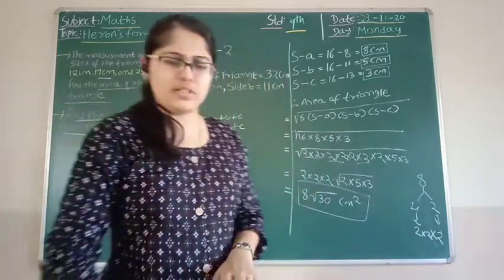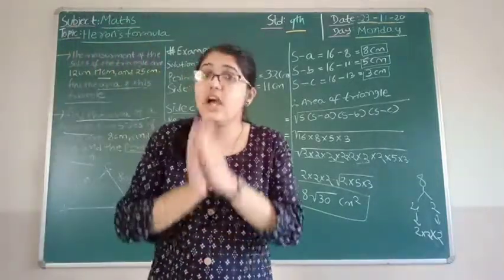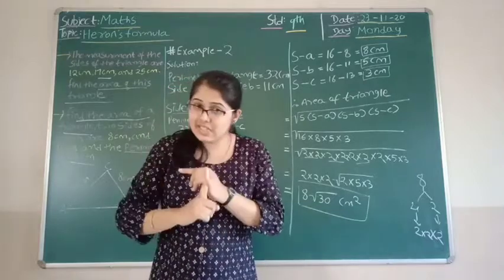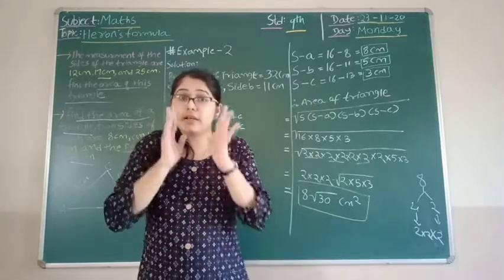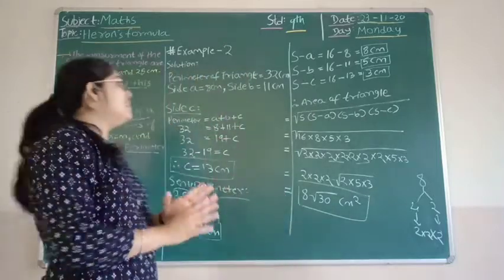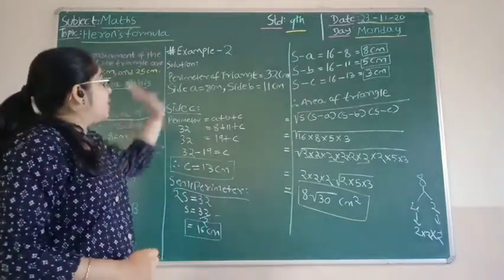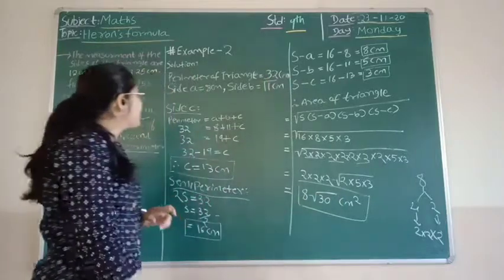So quickly recall this sum, students. Till now we have done the sum. We were given two sides, along with the perimeter, and we did not know the third side. So what we did, first of all, we listed those values which were given to us, which is the perimeter, 32 centimeter, side A, side B respectively.